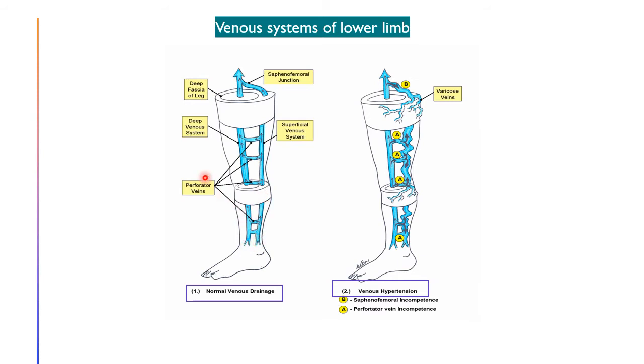These are the three sites for perforator veins. The incompetence of the valves in these perforators and the deep veins contributes to the formation of varicose veins. In the superficial system, the veins become tortuous and dilated with blood that does not adequately empty into the deep system.